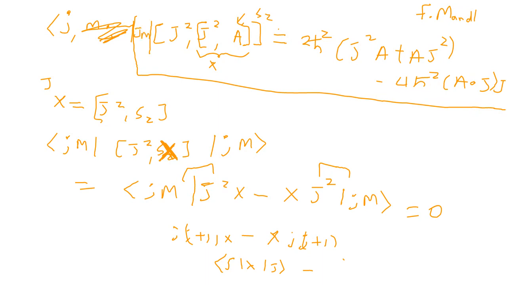So it means that if I take the expectation value of this thing, Jm with Jm, I should get 0 because of the argument that I gave there.